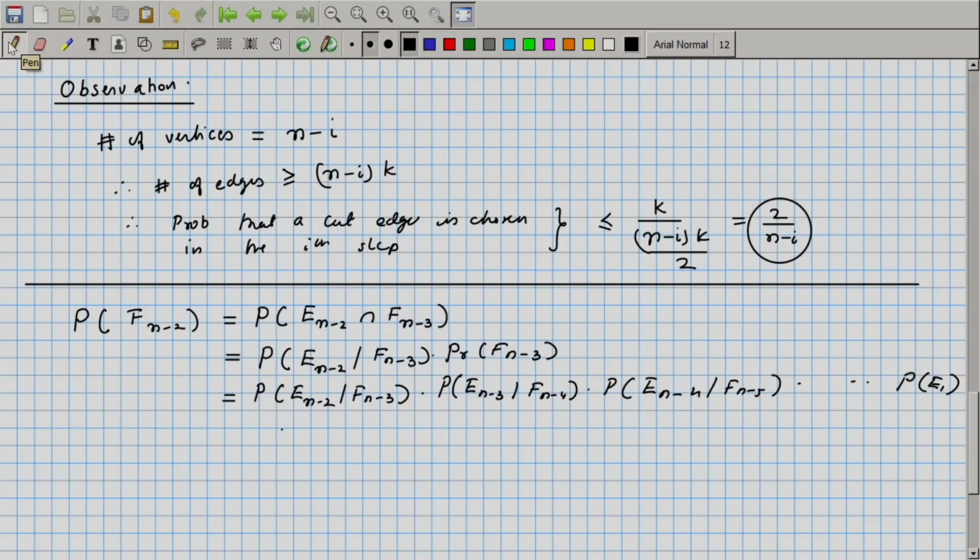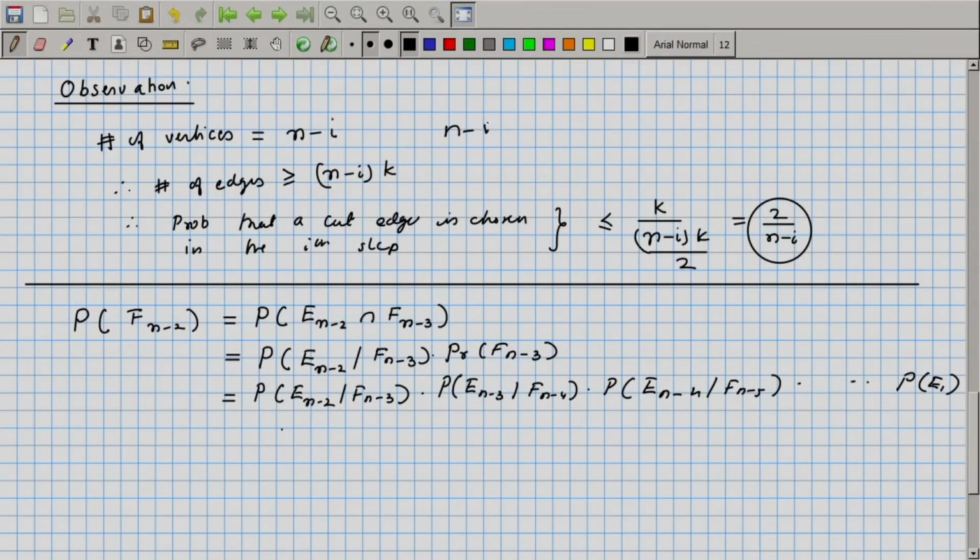So, when we are in the ith iteration of our algorithm, the number of vertices that remain at that stage is going to be n minus i plus 1. For example, at the very first iteration we have n vertices. Therefore, the probability of failure will be 2 divided by n minus i plus 1.